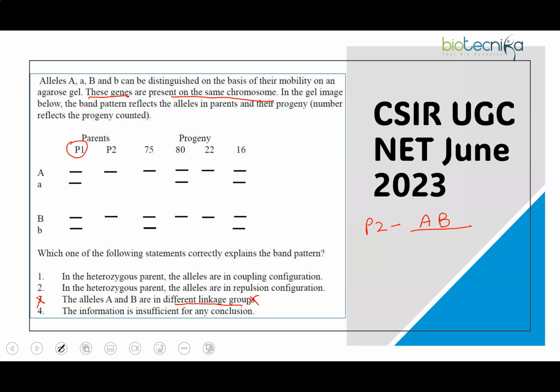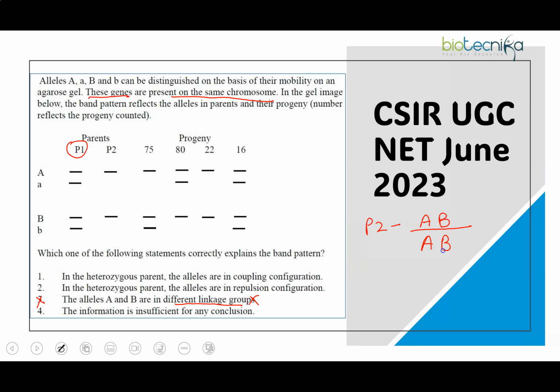Not possible. P2 has to be diploid, so all the genes have to be present in two copies. If we are getting only two bands, one for capital A and one for capital B, it means the other homologous chromosome of P2 also has capital A and capital B. So it is clear that P2 is homozygous dominant for both the genes.